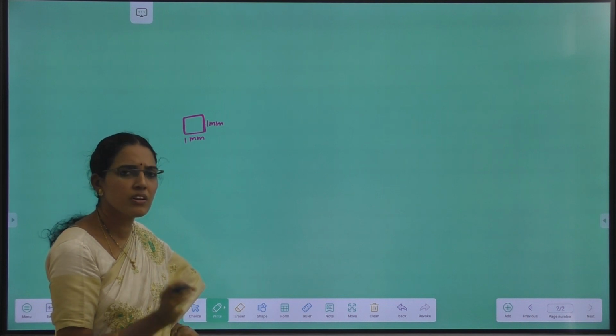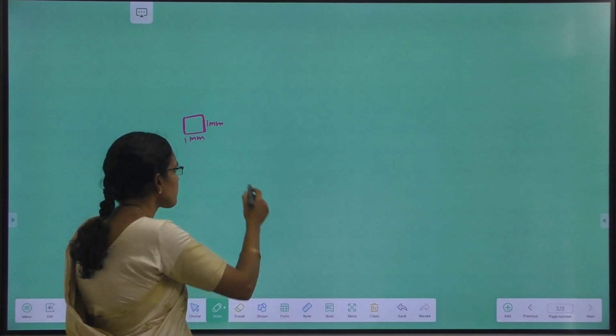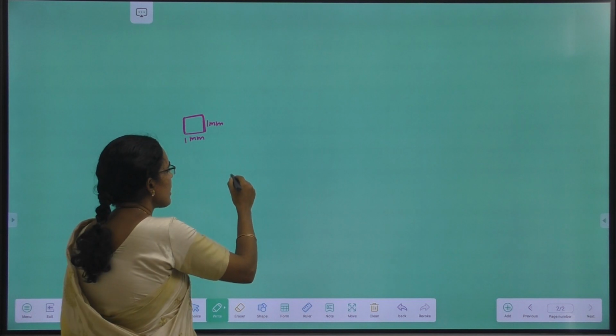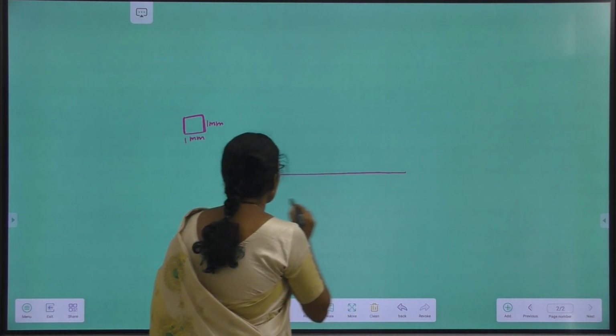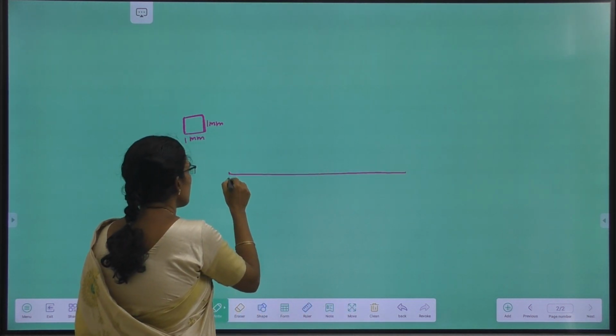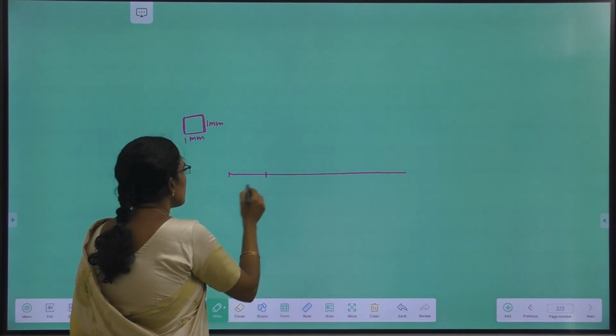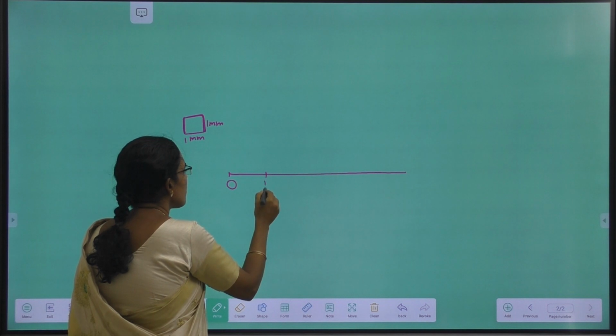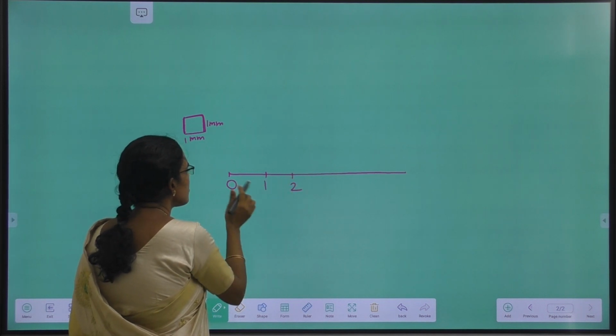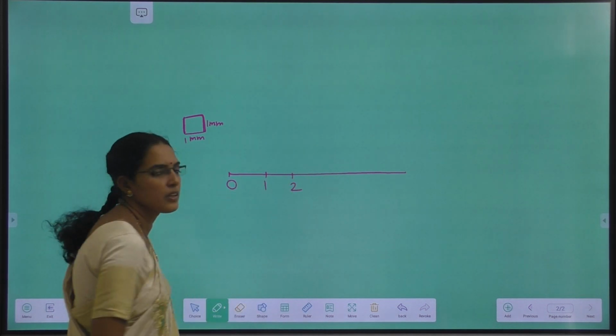Children, do you know what a millimeter is? You have scales, right? In your scale, 15 centimeters. Generally, all have 15 centimeters. In your scale, the 0 to 1 markings are there. This 0 to 1 is 1 centimeter.